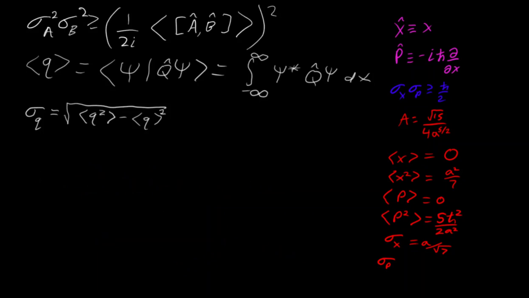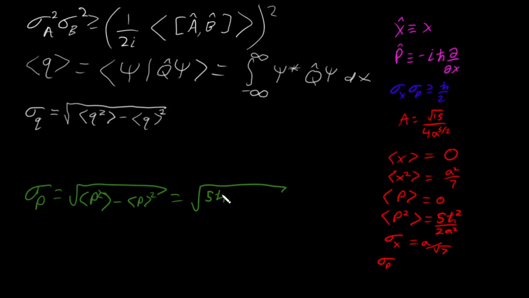Okay, now we've got to use sigma p, which is the square root of the expectation value of p squared minus the expectation value of p, squared. This is the square root of 5 h bar squared over 2a squared minus 0.